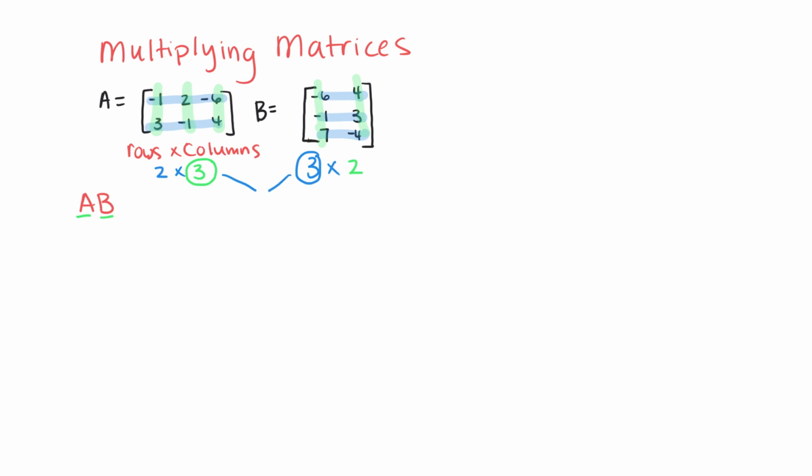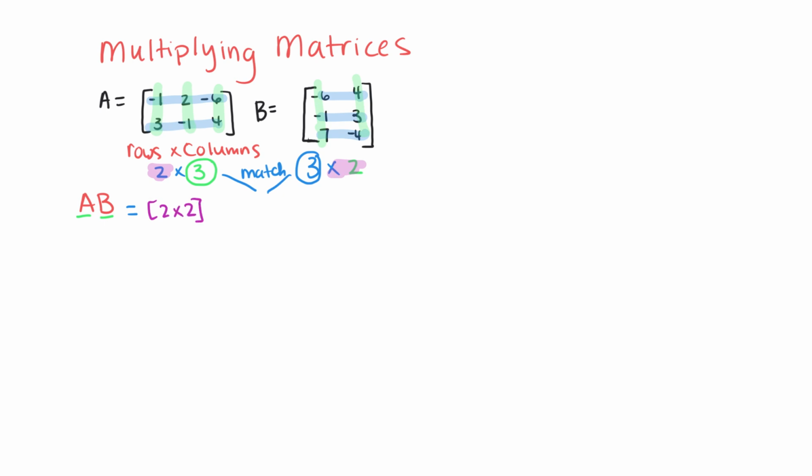If they don't match, then you won't be able to multiply them, and you would say it's undefined, or not possible. Now, when you multiply these together, the outside dimensions represent what your answer is going to be. So my answer is going to be a 2 by 2.